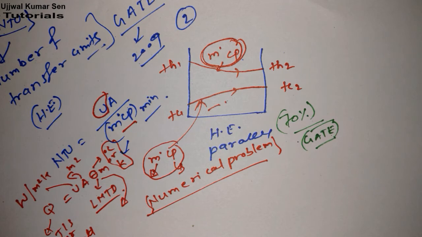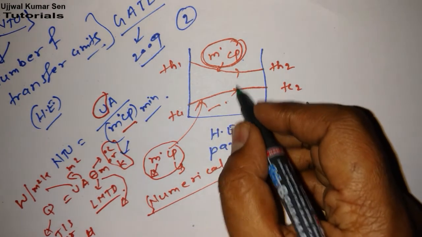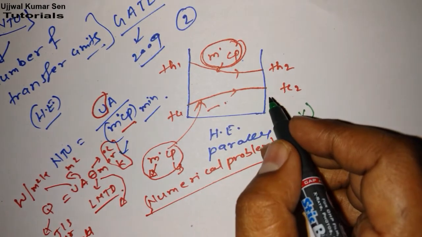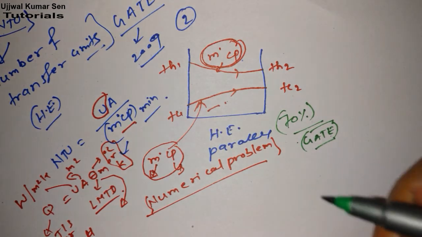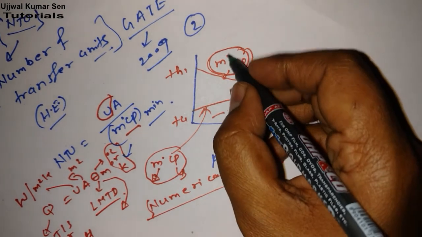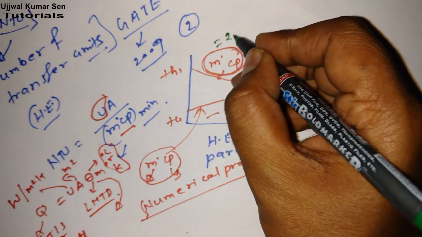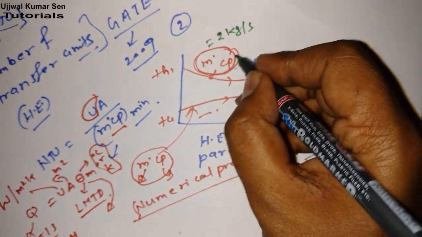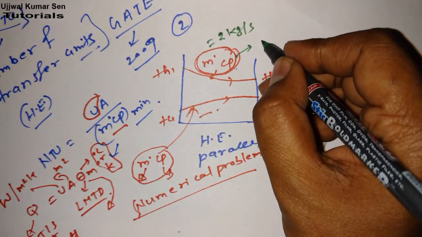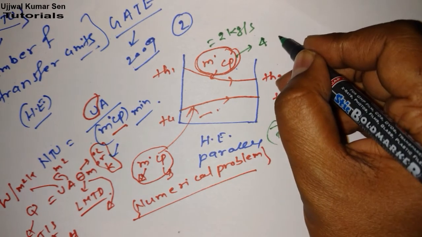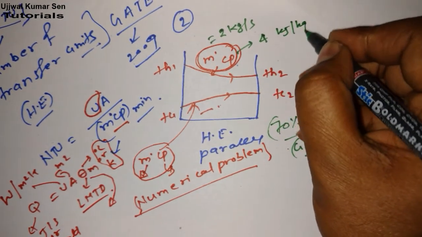In this problem, I'm just going to consider this. They have said that there is a parallel flow heat exchanger, and the hot fluid mass flow rate is 2 kg per second, and CP is, suppose, 4 kilojoule per kg Kelvin.